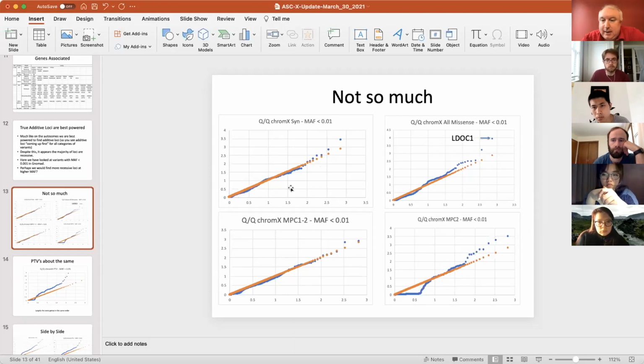And in here, you see that if orange is no association at any site, it sure looks like my observed p-values are very, very similar to what I would have expected under a null model. And therefore, I'm not terribly concerned globally that there's a lot of substructure going on here.